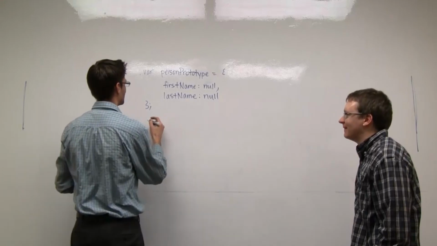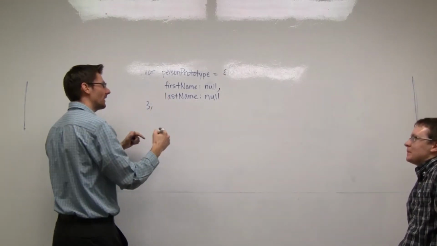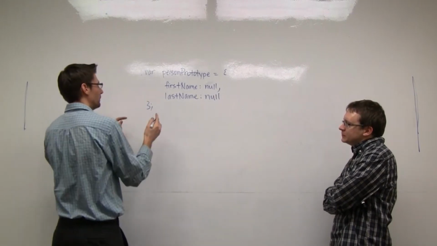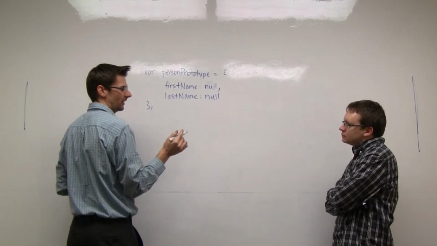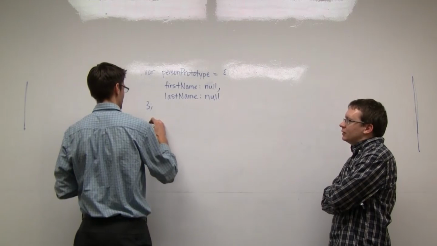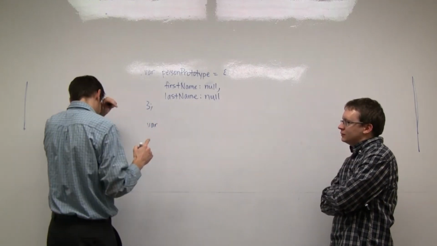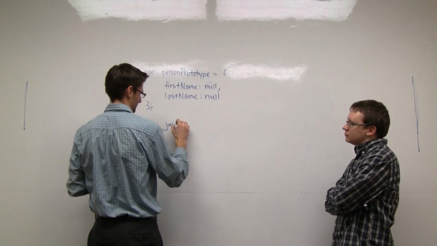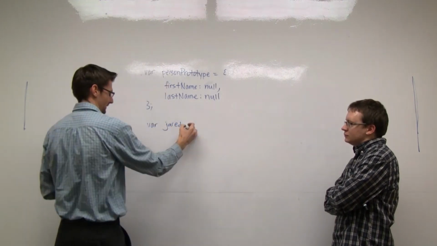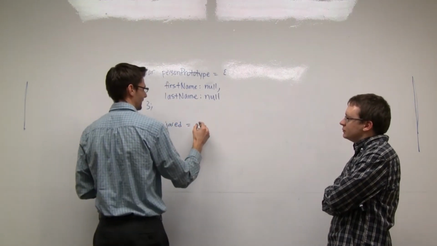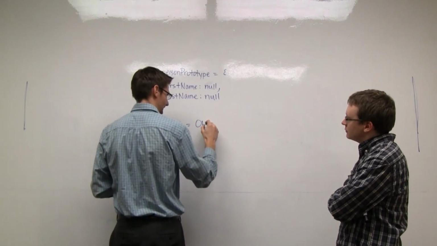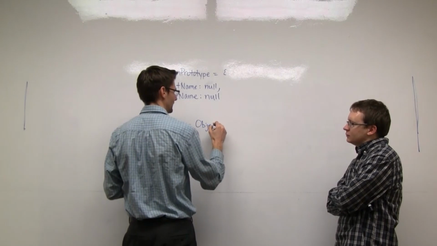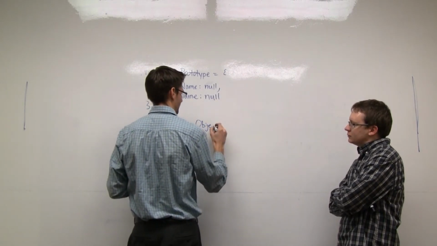That's a wonderful example. So let's extend that and make an employee prototype. But first, let's make it Jared. Let's make somebody and say, hey, I really would like to have a person. So I'm going to name this object Jared, so we know what we're talking about, and say that Jared's prototype really is the person prototype.